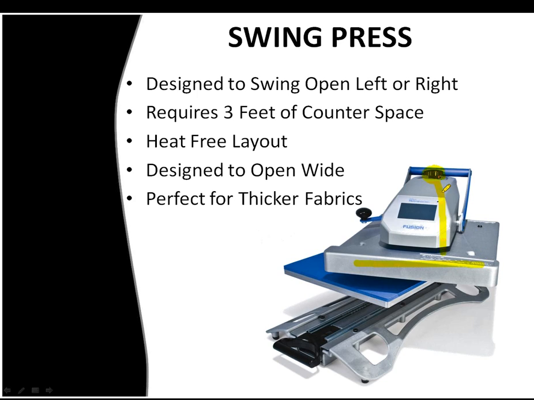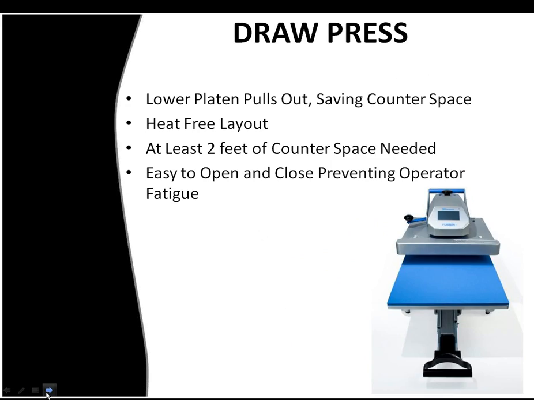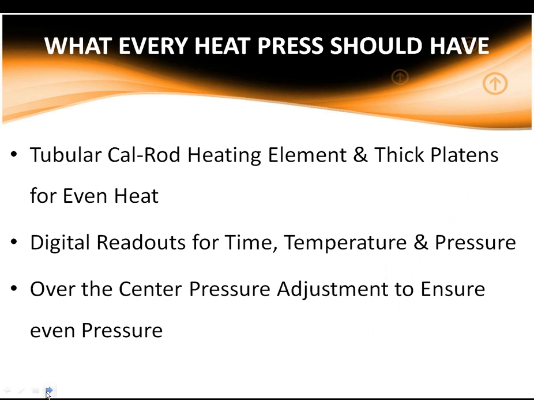It's really lowering and bringing the platen up and bringing the platen down. You want to make sure that this pressure adjustment is centered in the center of the machine so that it's always adjusting your pressure in the middle. So your pressure is always going to go from the inside out so that you don't have any pinching in the corners of the heat press. Okay, and that's what we're talking about when we talk about over the center pressure adjustments.